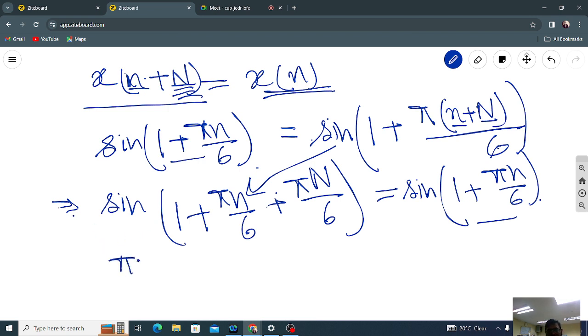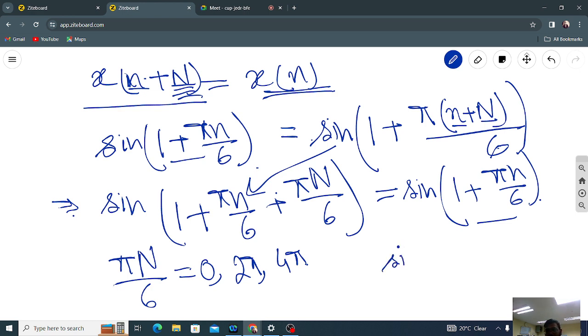So we can conclude from here that this pi big N by 6 should be 0, 2 pi, 4 pi.